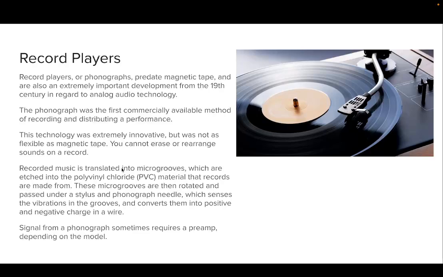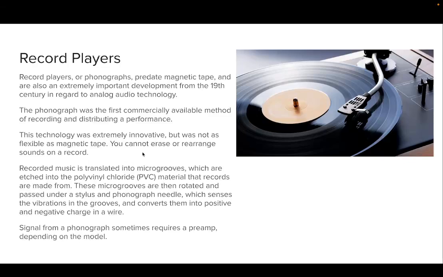Recorded music is translated into microgrooves, which are etched into the polyvinyl chloride material that records are made from. These microgrooves are then rotated and passed under a stylus and a phonograph needle, which senses the vibrations in the groove and converts them into positive and negative charge in a wire.